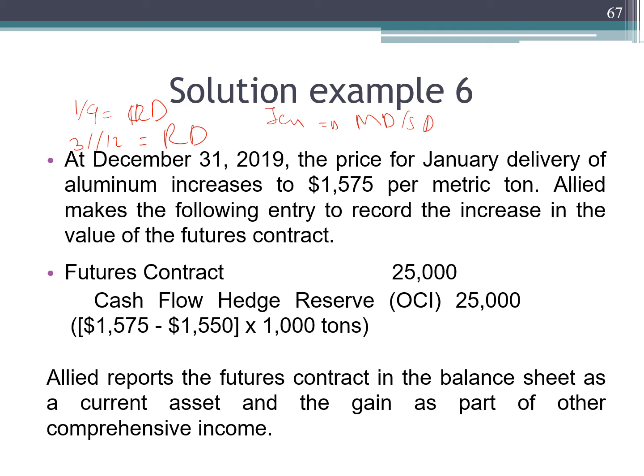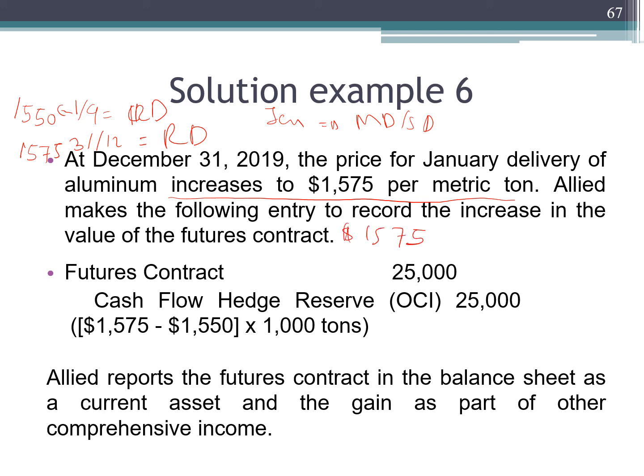So now on 1st September, you enter the contract at the price of 1,550. Now the price becomes 1,575. The price has been increased. The aluminium price increased to 1,575 per metric ton.